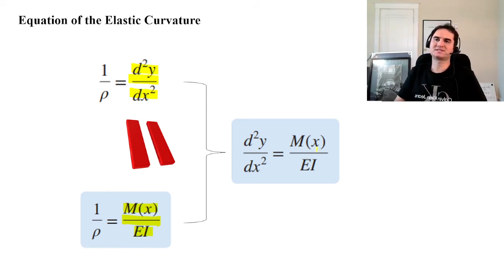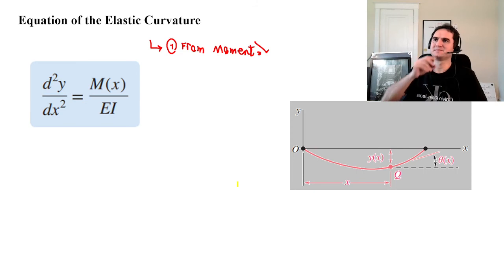It just says if you have the equation of moment for a beam or shaft, d squared y over dx squared gives the elastic curve of that beam. So how does that go? If we want the equation of the elastic curve, let's start from the moment.